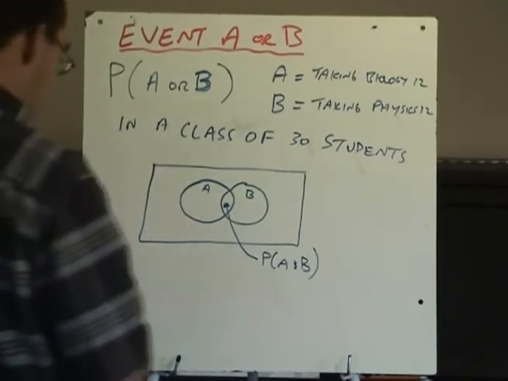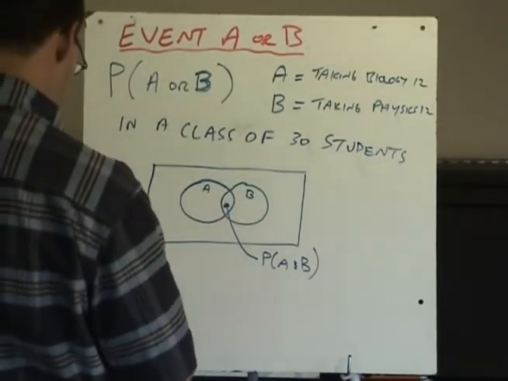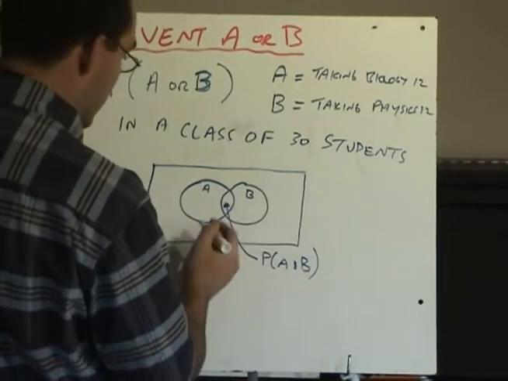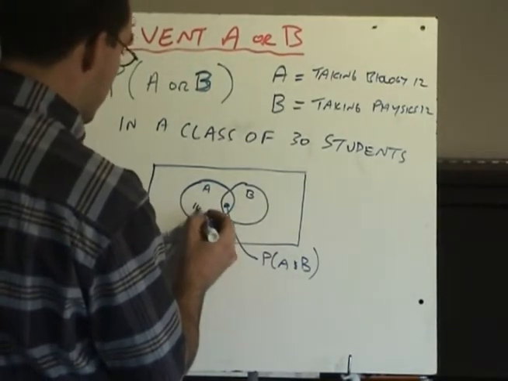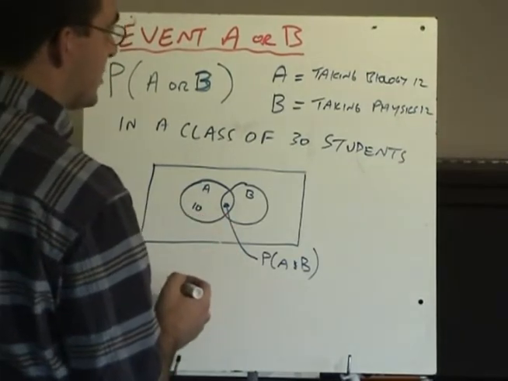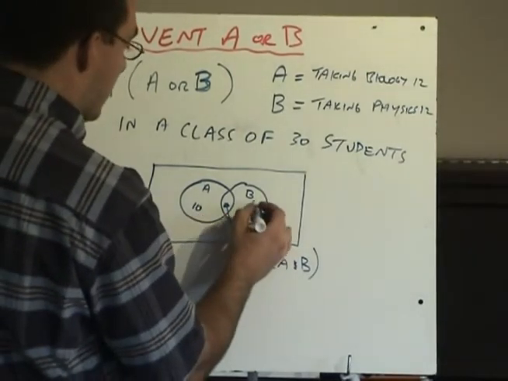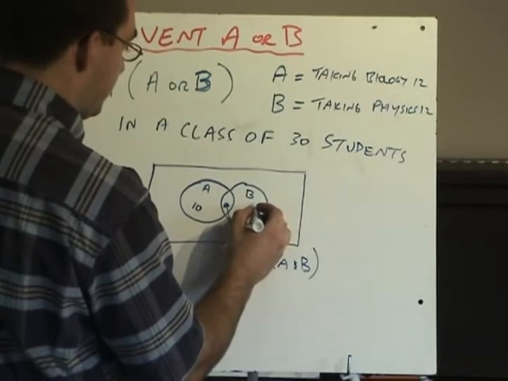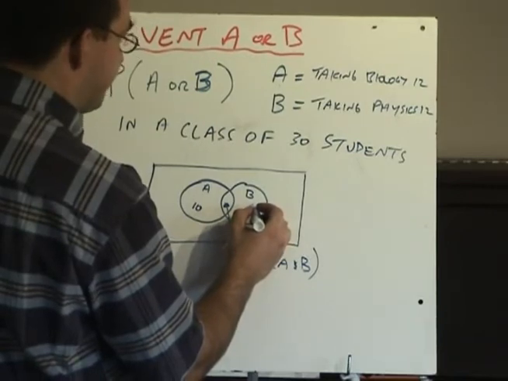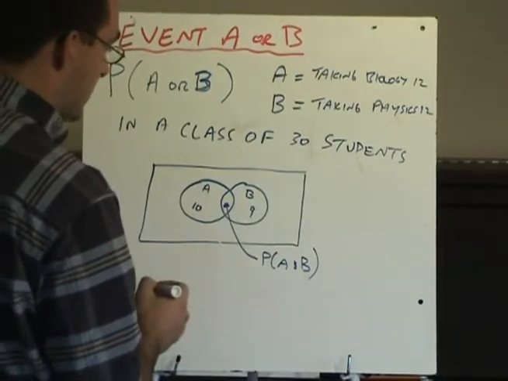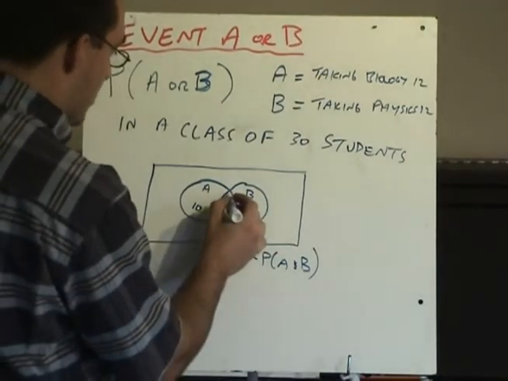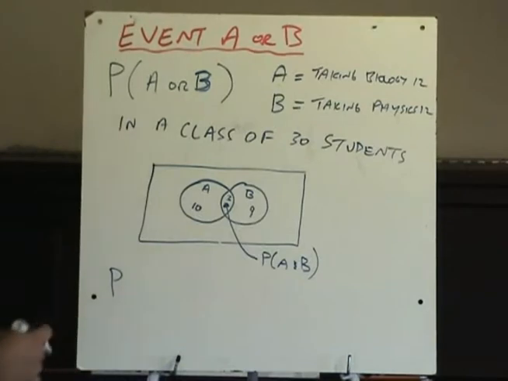So now, let's put some numbers in here. Let's say there were 10 students that were taking biology 12, and let's say there were 9 students who were taking physics 12, and there were 3 students who were doing both.